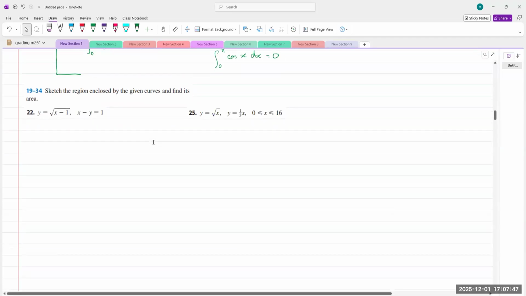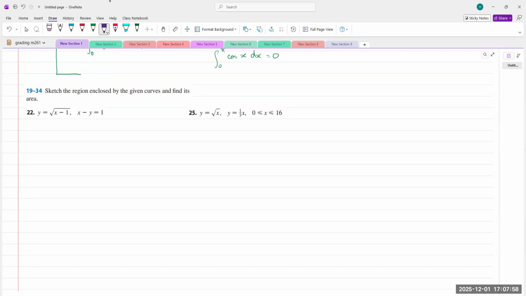Sketch the region enclosed by the given curves and find its area. This is more challenging because you are required to know what the graph looks like. y equals square root of x minus 1.